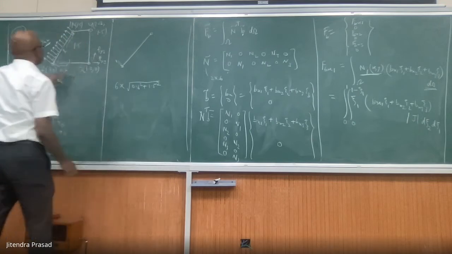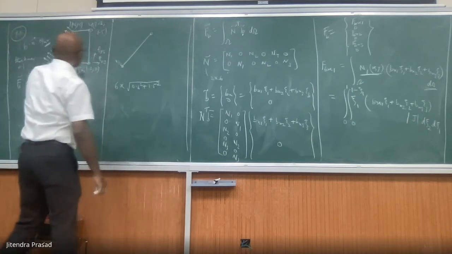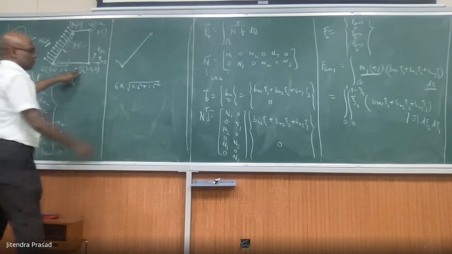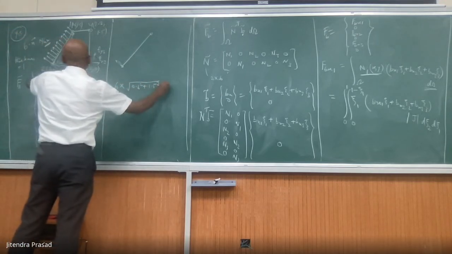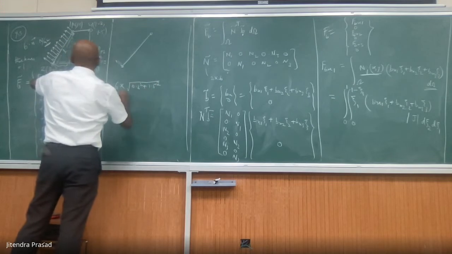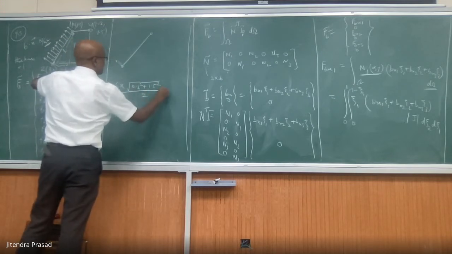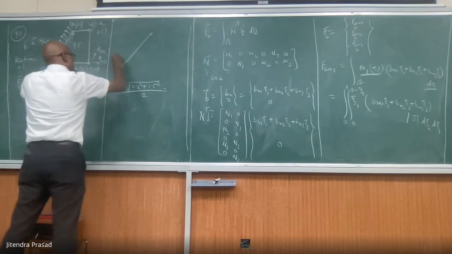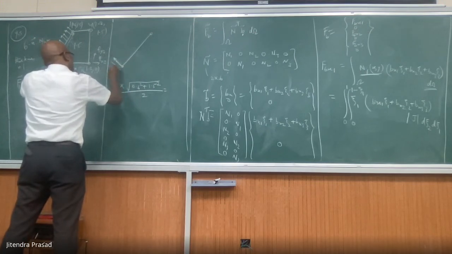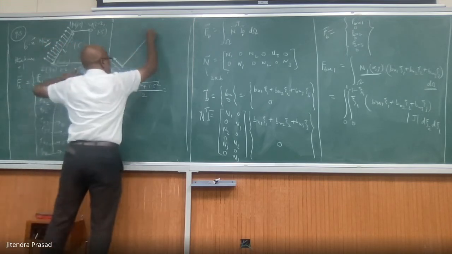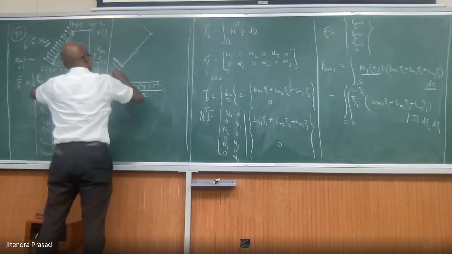Is it correct? Yes. So whatever value you get, multiplied by 6 and then divided by 2, that will be this value. So from here to here, let's call it F1, and this will be F2.